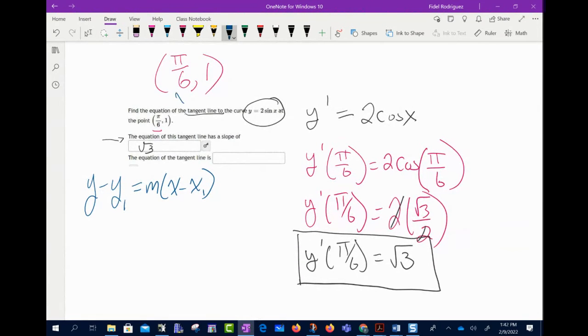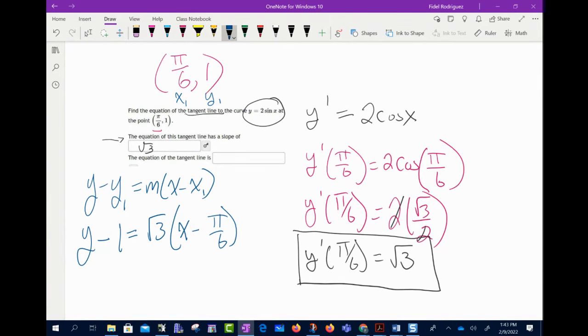Do y'all agree with me that this is my x1 and this is my y1? Okay, so we're going to go y minus, what's y1? 1 equals m. Did we find m already? Square root of 3. Excellent. Parentheses, x minus pi over 6, right?